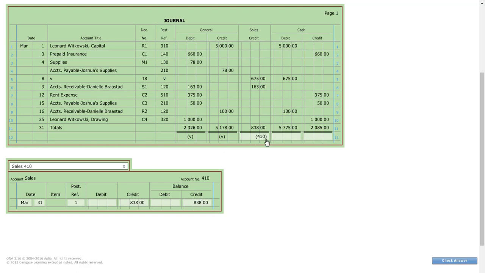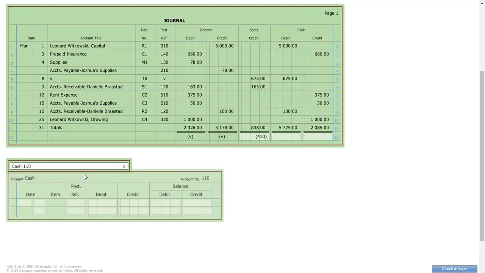Now, I'm going to move over to my next column. My next column is cash debit. First thing I have to do is put in my month. Date is 31st. 1 is my post reference because I am journalizing from page 1 of my journal. Now, this column right here is debit, so I need to do my debit before I do my credit because we have to move top to bottom, left to right.